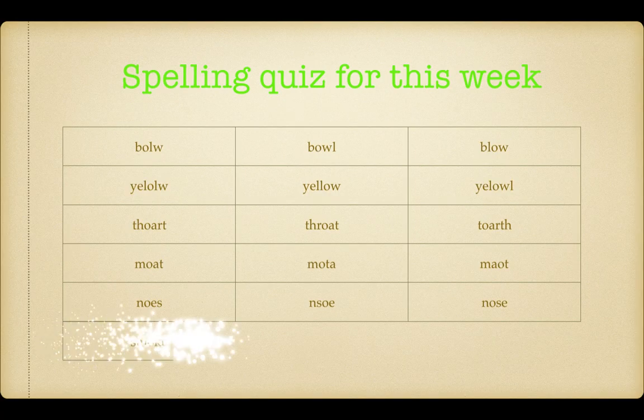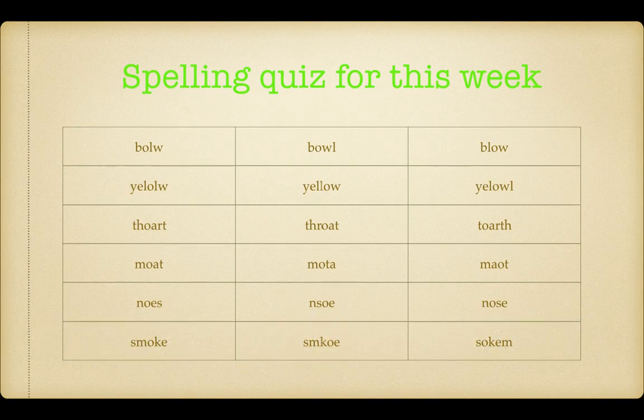I'm going to go to our last word. Which rectangle has the correct spelling for the word smoke? Is it the first rectangle, the middle rectangle, or the third rectangle, which is the end rectangle? Have you written it down? Pause the video if you need to.